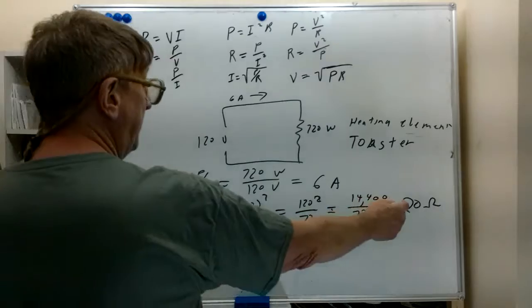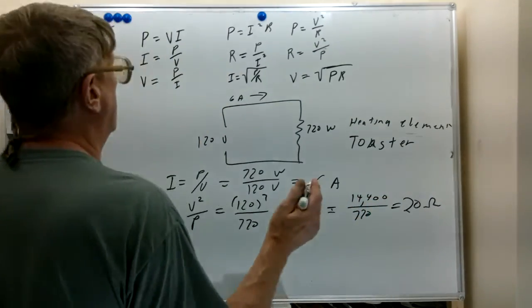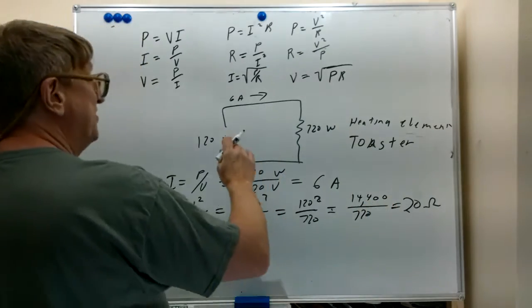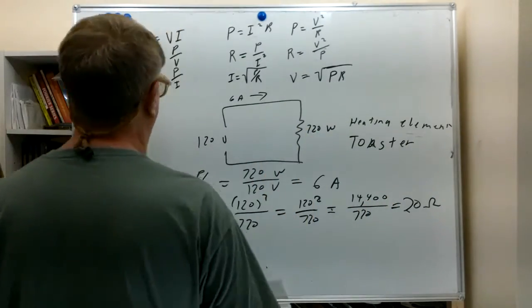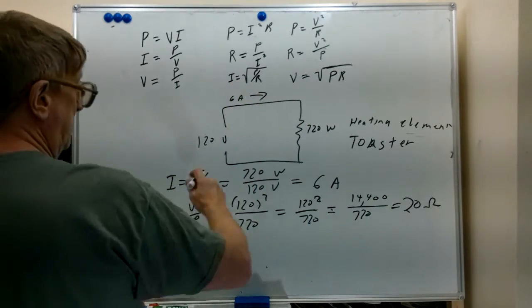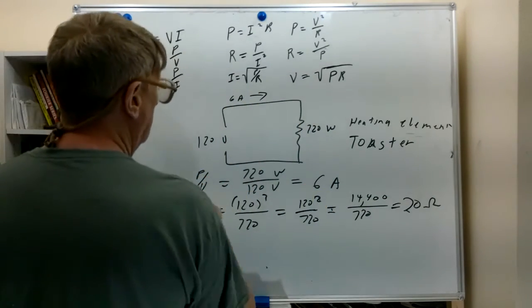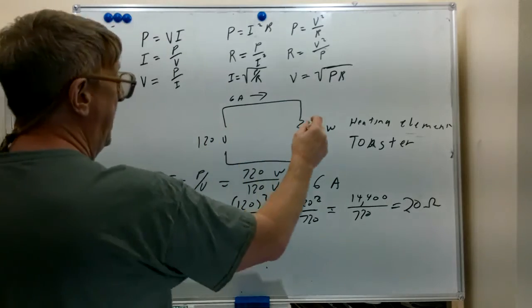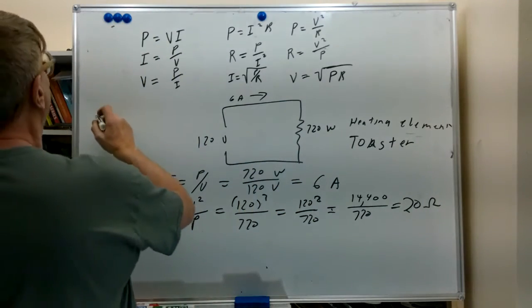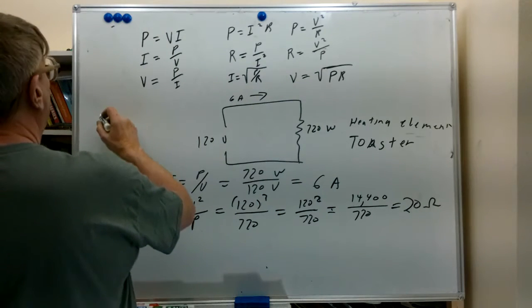And just to double check ourselves, let's go to our Ohm's law. Here we found the resistance when given the voltage and the wattage. We calculated the current earlier when given the voltage and the wattage, but let's double check this real quick with Ohm's law.